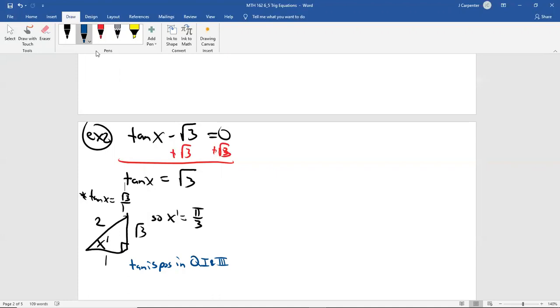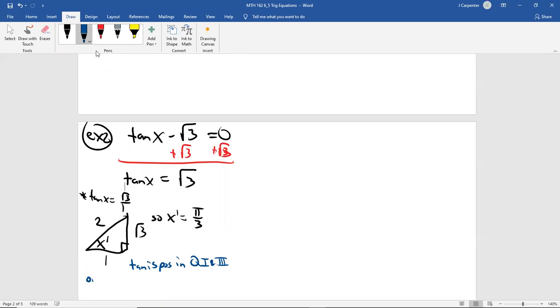So here's where things get interesting. Tangent's positive in quadrant 1 and 3, so normally we'd have to take this angle, put it in quadrant 3, and then go from there. Take the reference angle, put it in quadrant 3, and then you'd get, what, 4 pi over 3. But here's the thing.